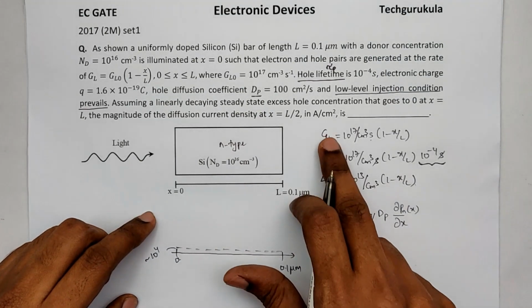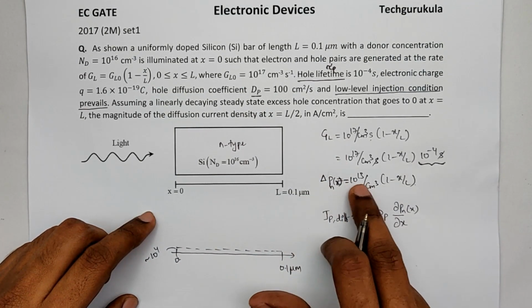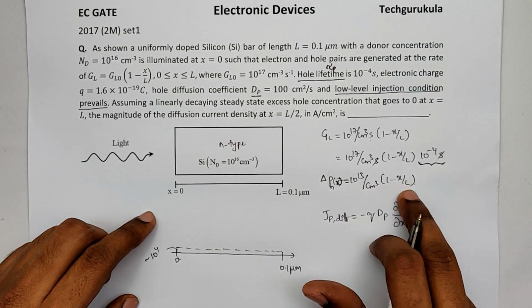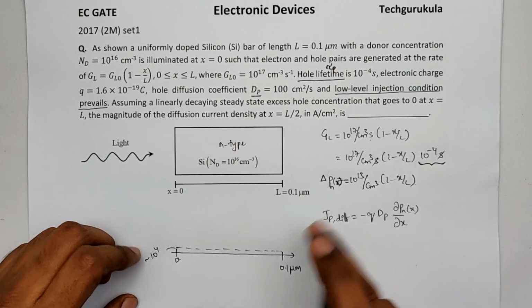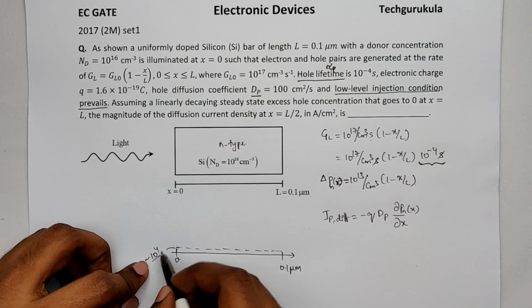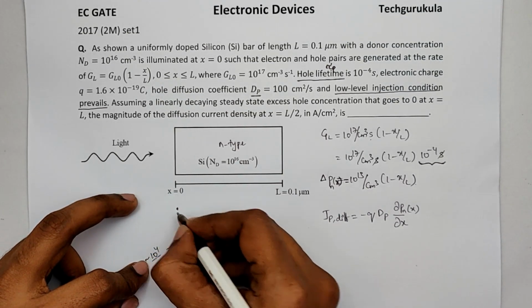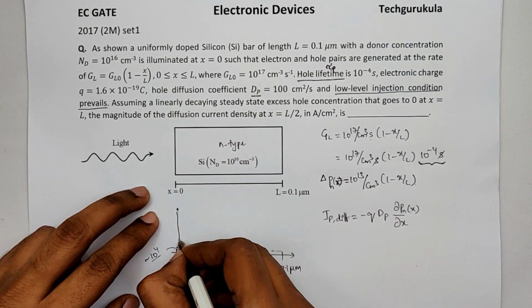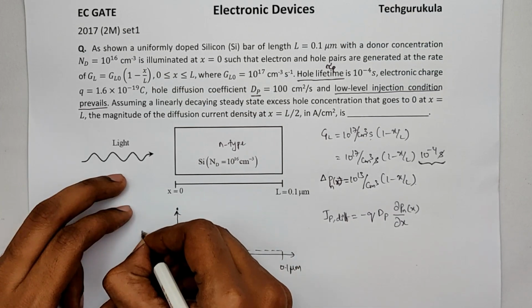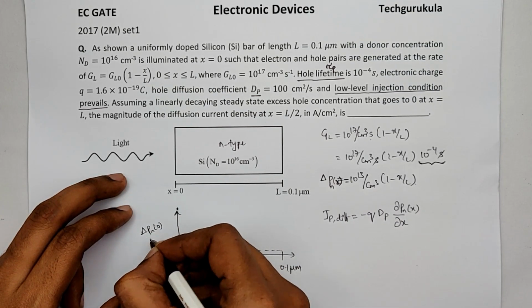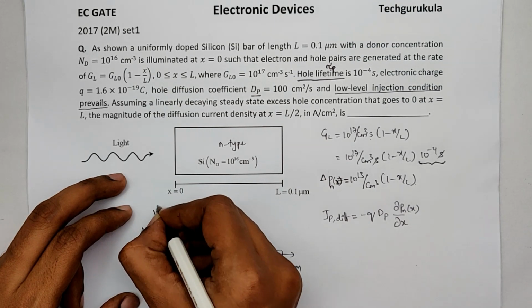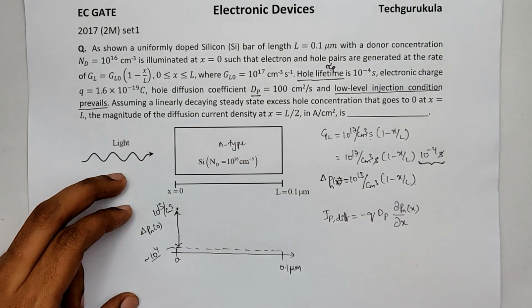Now, because of this generation, how much is the carrier concentration at x equal to 0? That is 10 power 13 per centimeter cube, which is very, very high compared to 10 power 4. So let's say that value is somewhere here. This is delta P, delta Pn of 0, which is equal to 10 power 13 per centimeter cube.